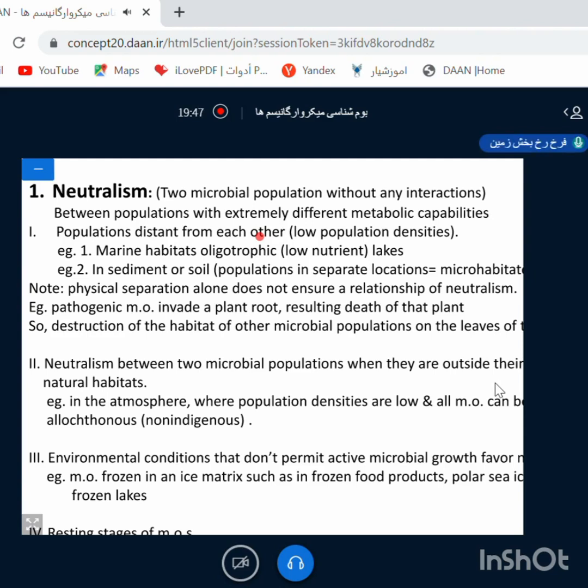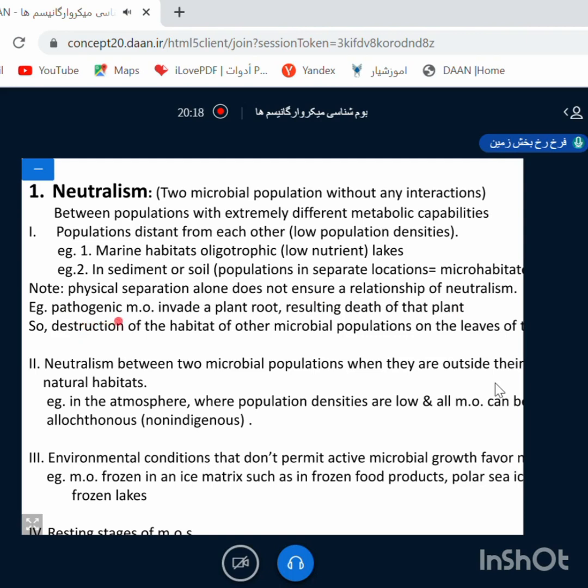Okay? So as much as two populations are far from each other, interactions go to zero, or neutralism. But in some exceptions, even though they are far, they can have some interactions. Physical separation alone doesn't ensure a relationship of neutralism.